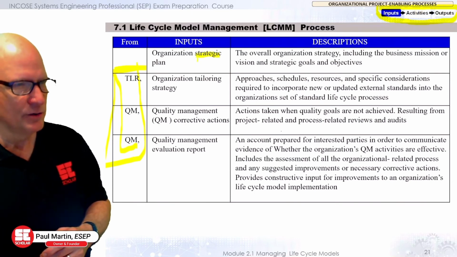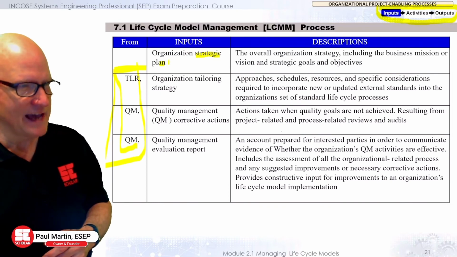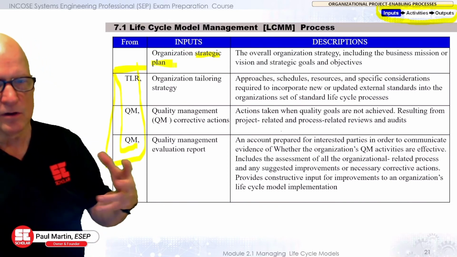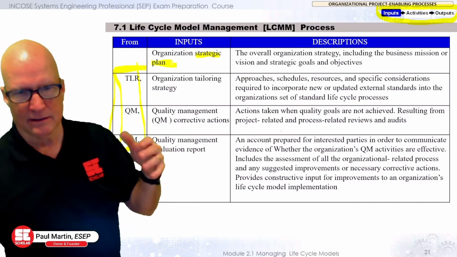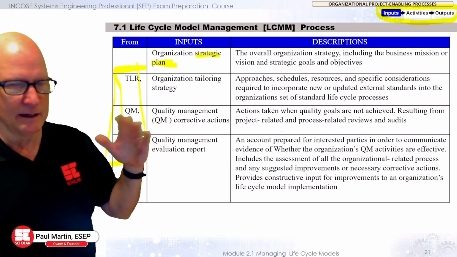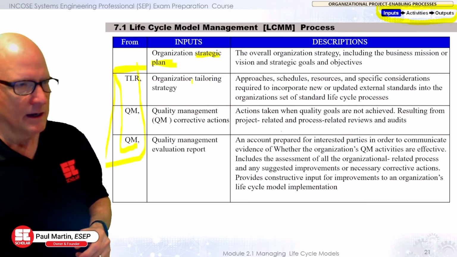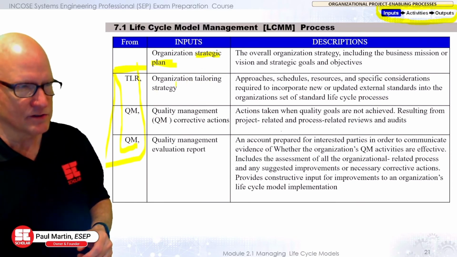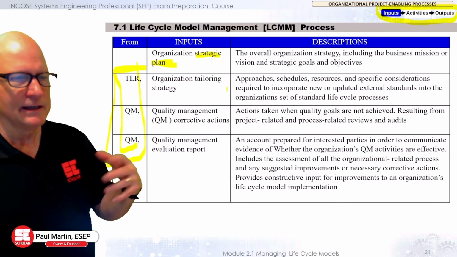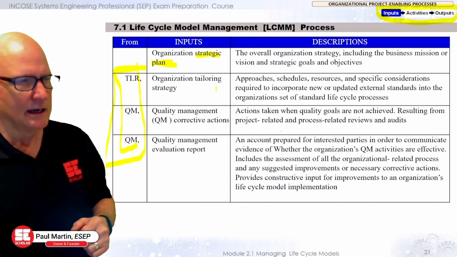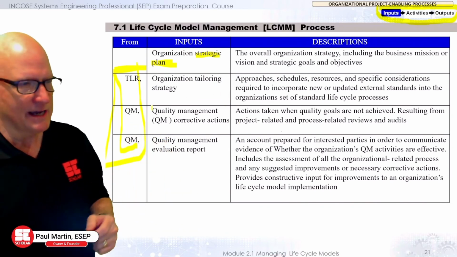Again, I talked to you about the strategic plan. That is one thing that the overall organization has created. So I put it on the left side of my diagram. The organizational strategy, tailoring strategy, is coming from tailoring. We'll talk about that when we get to Chapter 8.